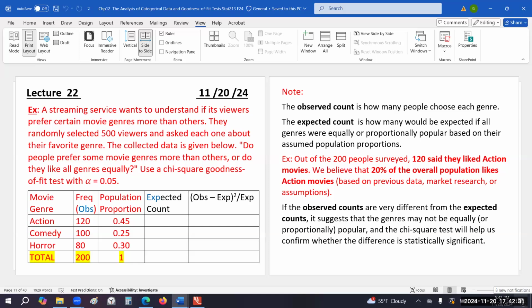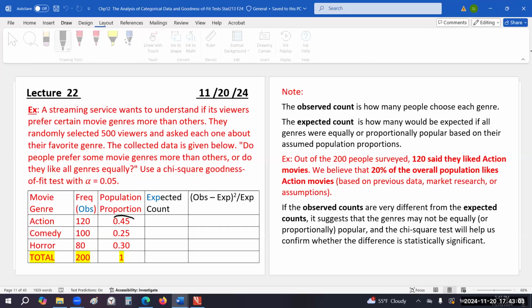So what we do is we compute the expected count. We have to see what would be the proportion for each category in the sample we have.